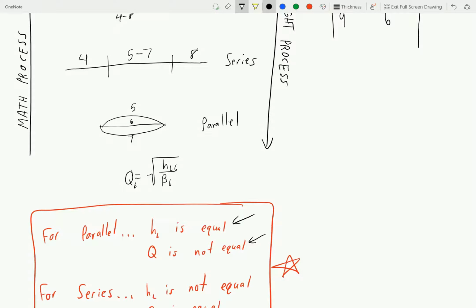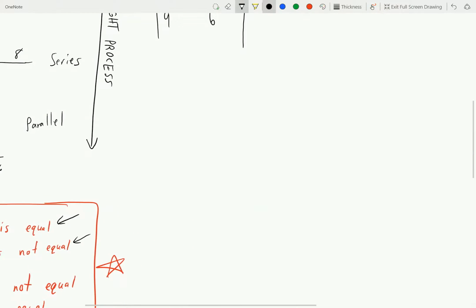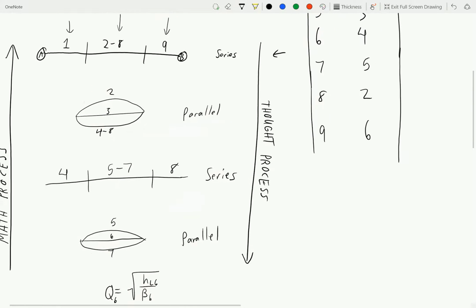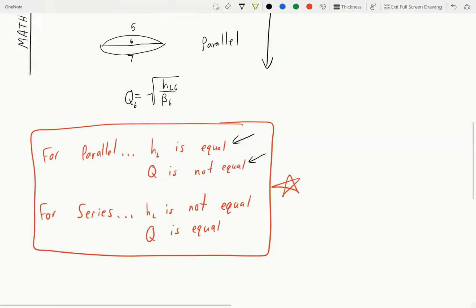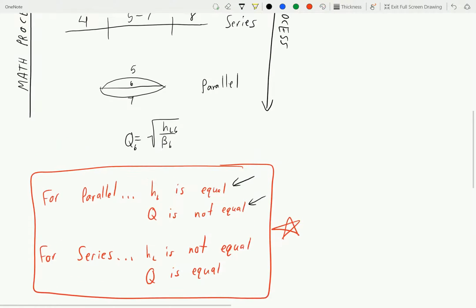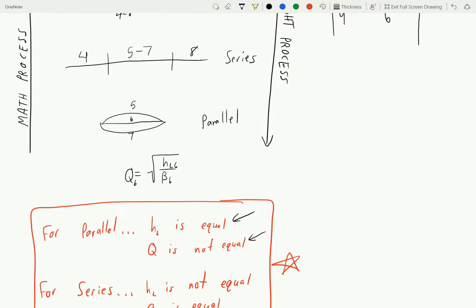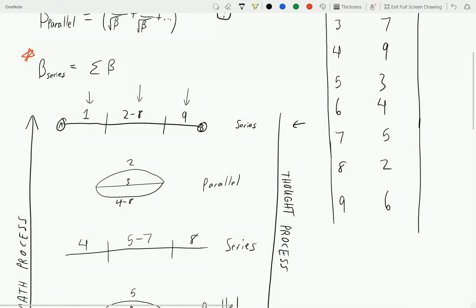It makes sense because one has to change and the other doesn't. Those are two important tips for when you have to set things equal to each other. You can use this handy cheat sheet.